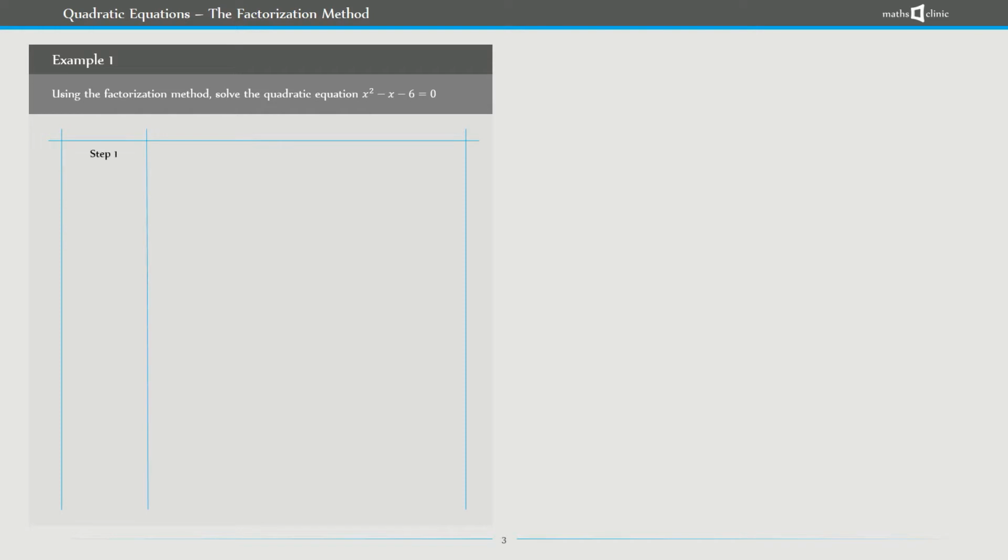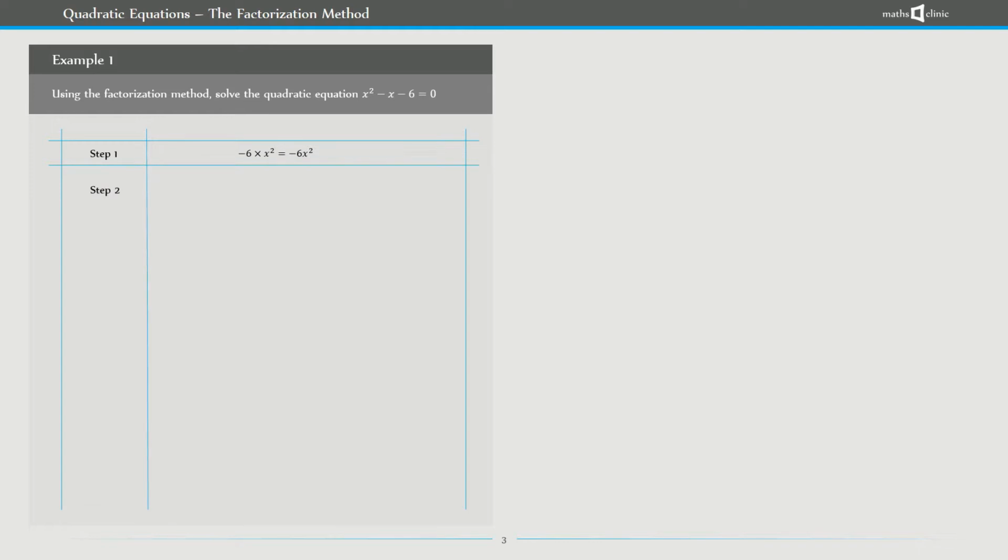Now, the first thing we want to do here is multiply the first term and the last term. Okay, so in this case, we have x squared minus x minus 6 equals 0. We want to multiply the first term x squared and the last term minus 6. Okay, and when we do that, we have minus 6x squared.